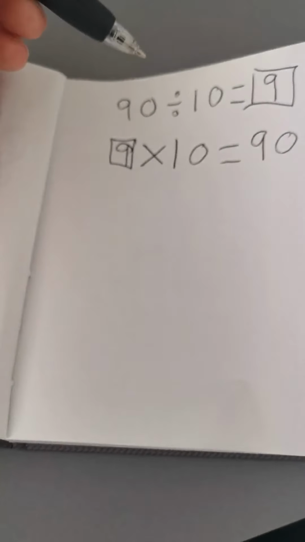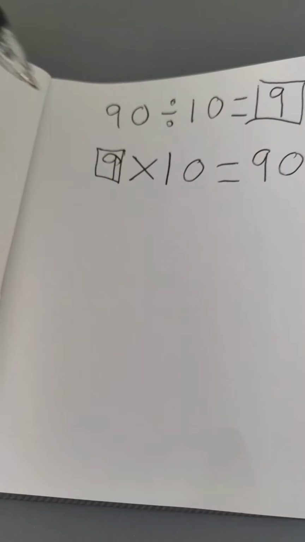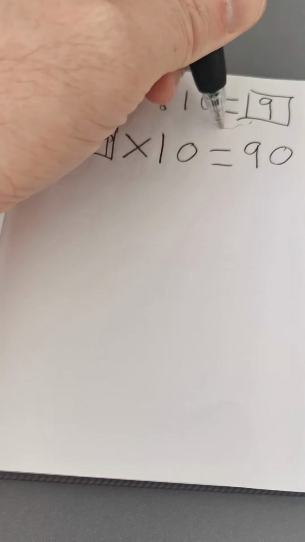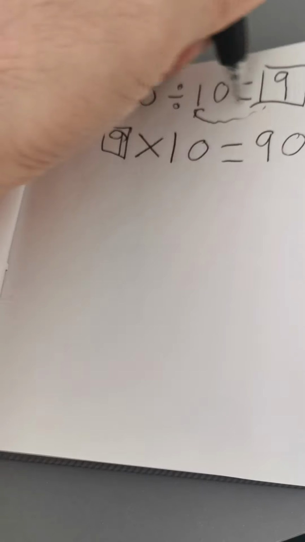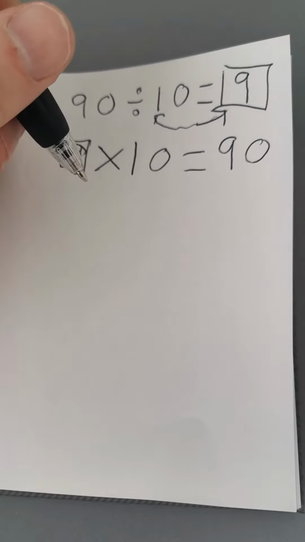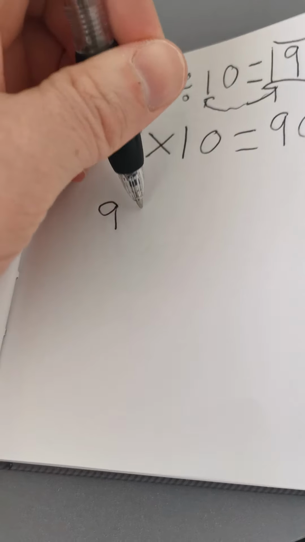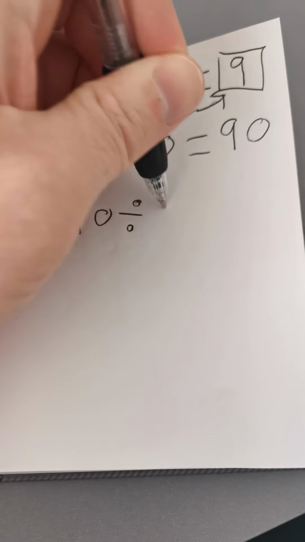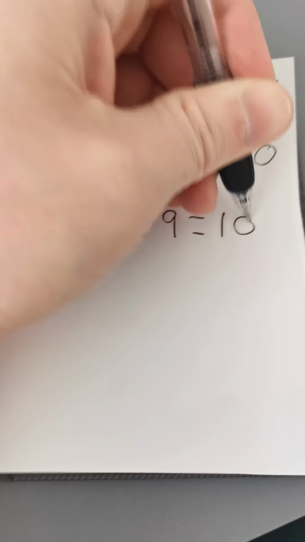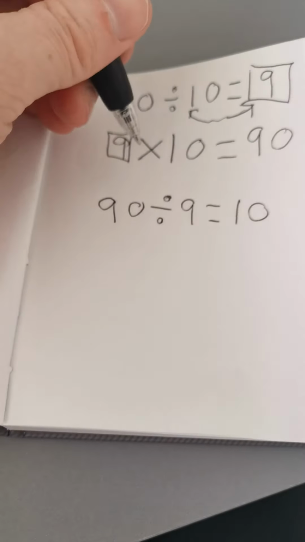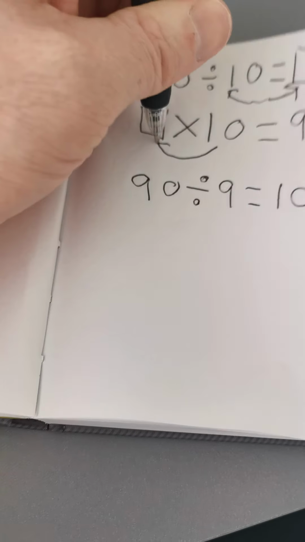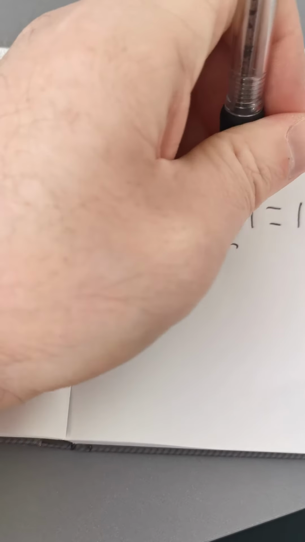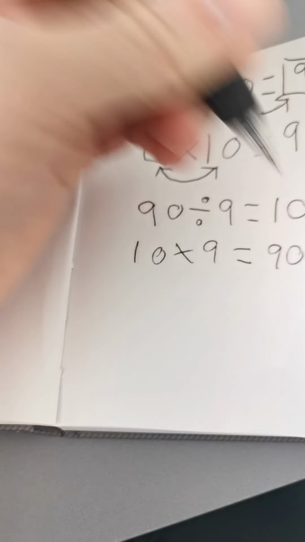So, if I've got 90 divided by 10 equals 9 and 9 times 10 equals 90, well, I also know if I swap these two numbers round, sorry about these arrows, that 90 divided by 9 has to equal 10. And I also know if I swap these round that 10 times 9 has to equal 90.